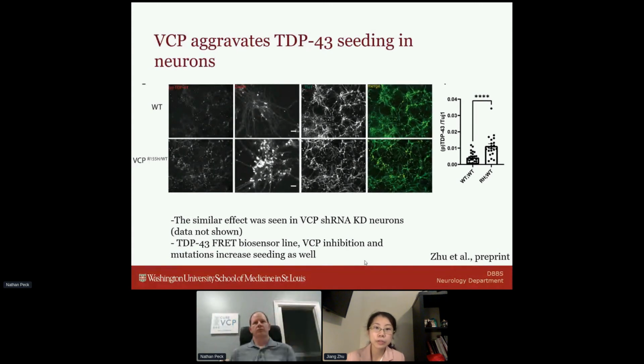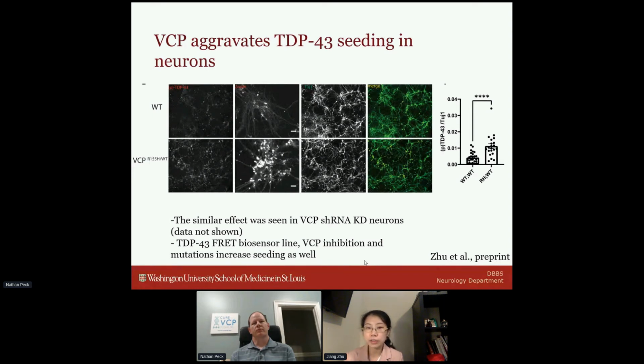And using these platforms, I compared the TDP43 seeding in our VCP R155H heterozygous neuron versus the wild-type one. And you can see the increase in seeding as well. So it gives us some evidence that VCP is not just involved in one kind of protein seeding, but also the TDP43 one.